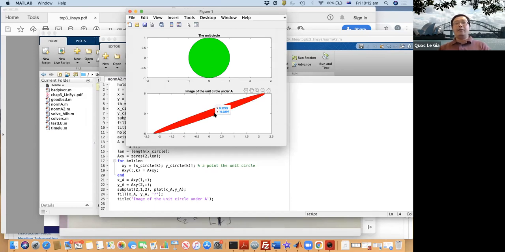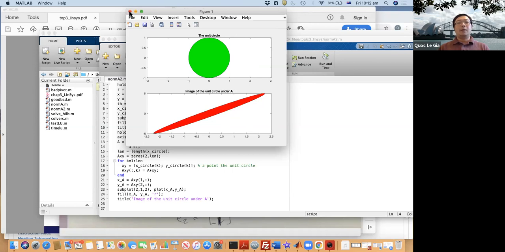So that is the definition of the norm in the two norm on the plane. So now you can visualize what the norm of the matrix is, at least in the two norm. The norm of the matrix A is just the radius of the image of the unit circle under the map induced by the matrix A.